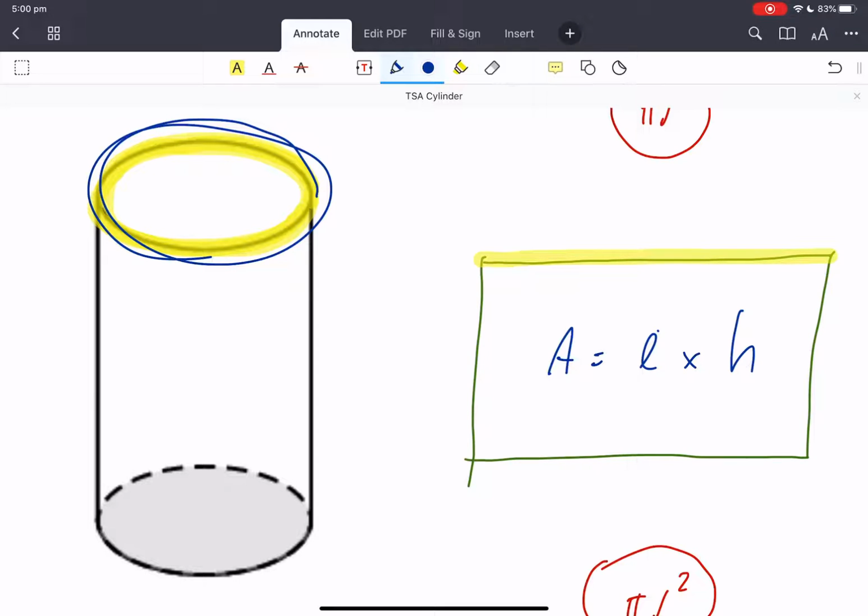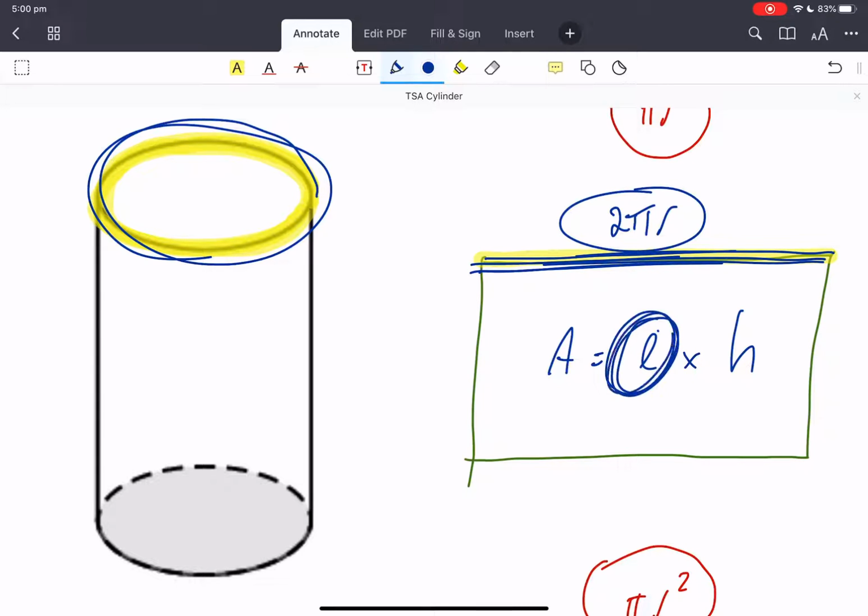Circumference equals 2 pi r. So this length on this side here is actually 2 pi r. So this length is not length, it's 2 pi r.